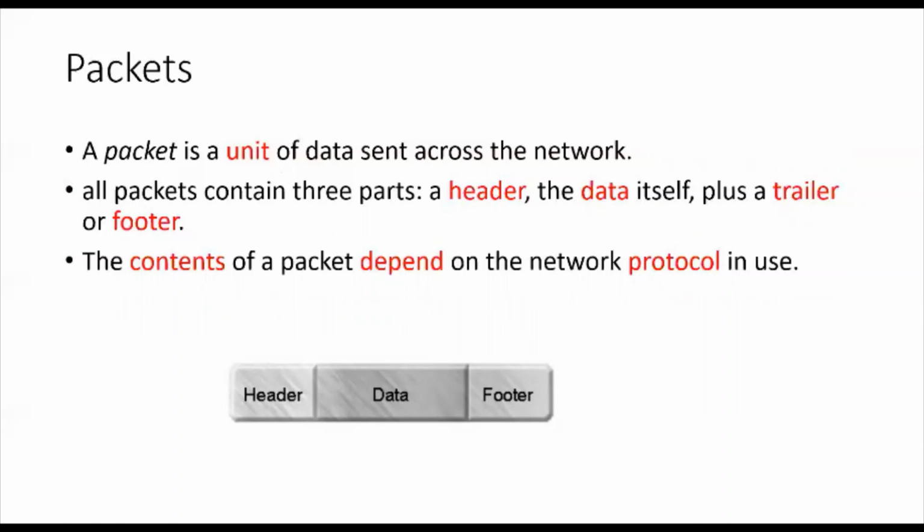This packet can be any message that is formatted in the form of a packet. So this packet will have a header, then data and a footer. But the content of this packet will differ based on the protocol used at different layers of the TCP/IP model. So let us briefly understand the content of this packet.